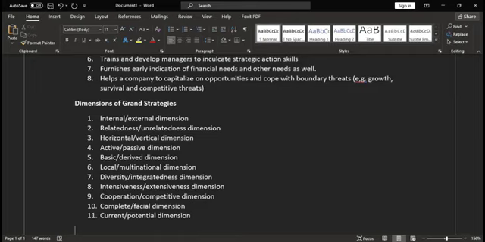The complete or full dimension is the extent to which a newly adopted strategy has permanent, interminable, or durable existence, e.g., complete merger or full integration. Or the extent to which an adopted strategy allows an organization to participate in all stages of the process of getting products into the hands of final users.